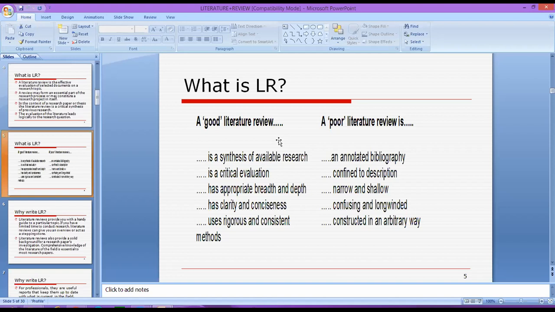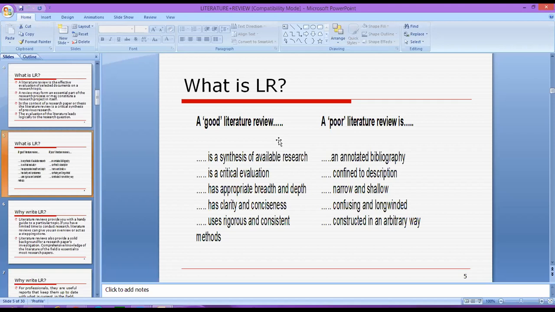A poor literature review is an annotated bibliography. You're just getting portions and putting them together, confined to description. So you're just describing, nothing about critical evaluation. It's narrow and shallow, doesn't say much about the topic at hand.